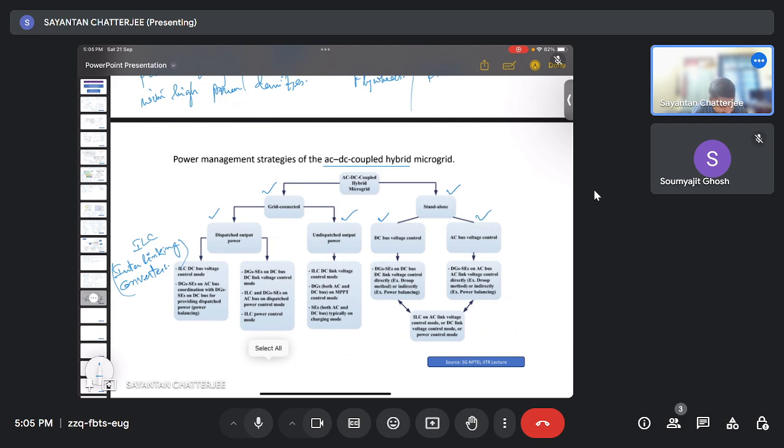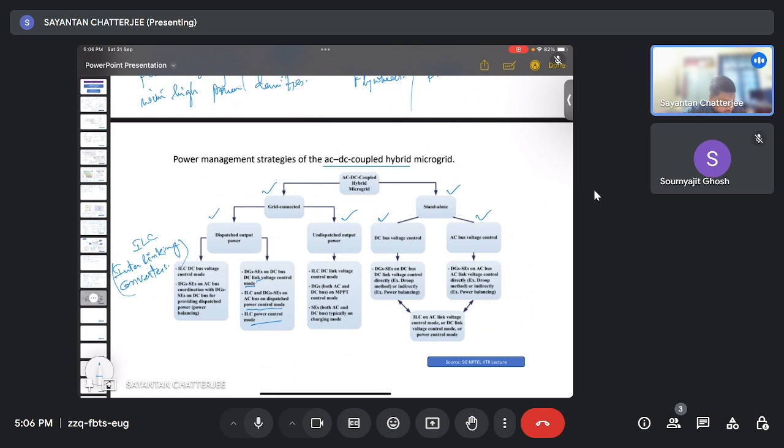And here in this case, the DG ACs are in DC bus link voltage control mode. The ILCs and DG ACs are in AC bus and dispatch power control mode, operating in an ILC power control mode.